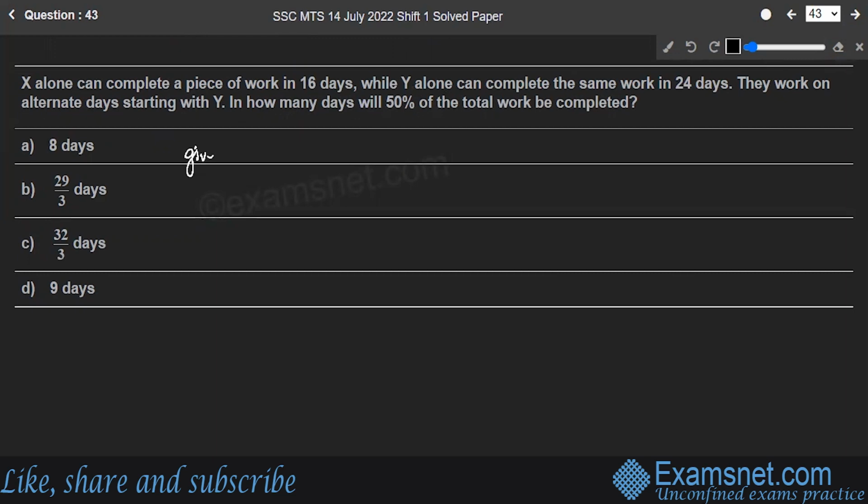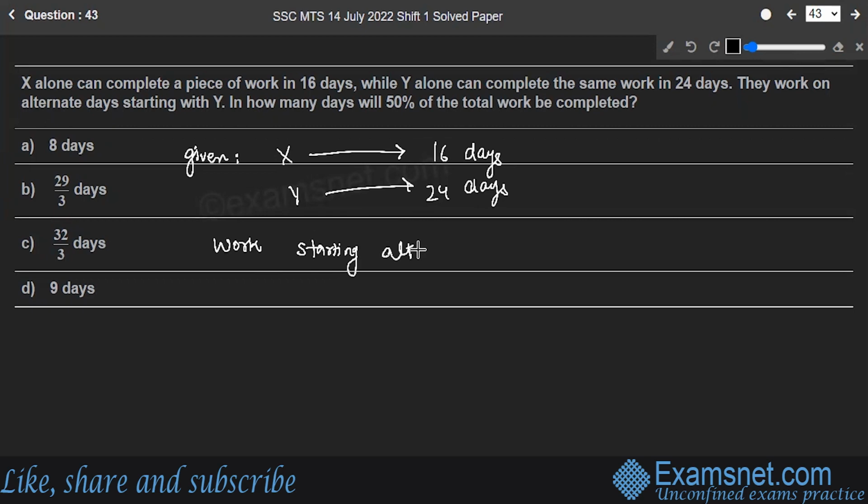You are given that X can complete the work in 16 days and Y can complete it in 24 days, working alternately starting with Y.